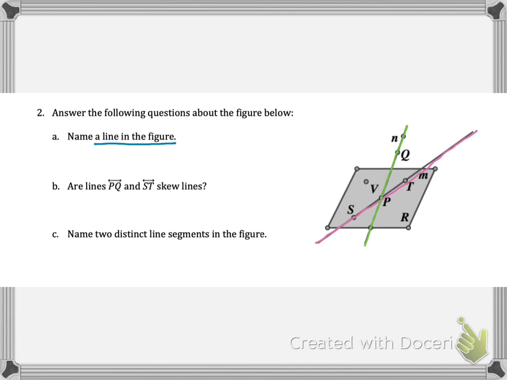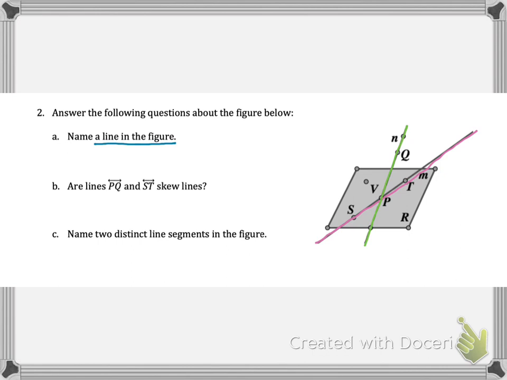So when we're asked to determine which lines might be in the figure, there are actually a few lines that we can name. So remember, we need points to name a line. And so I'm going to start with the pink line. So if we look at the pink line, we just need 2 points on that line to label it.